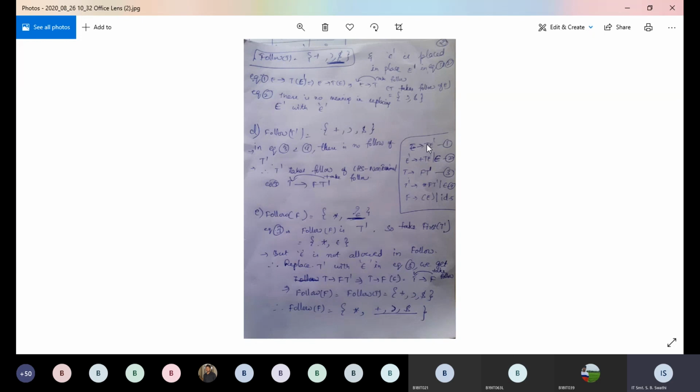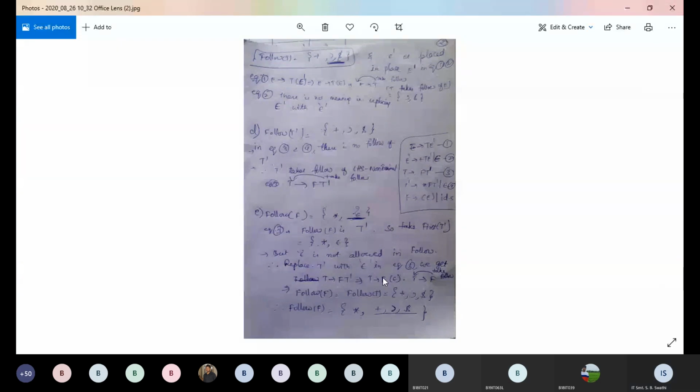If capital T is there, again you should go to the T production and check whether there is a terminal. Here also if there is no terminal, for T goes to F T dash, again it will go to the F production. It will go on moving from one production to another until terminals are obtained. Terminals are what? All small letters or brackets or symbols, arithmetic operators, all come under the terminals, which cannot be extended further. Is this clear, everyone?